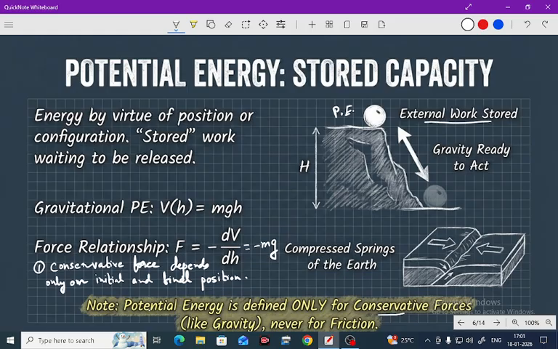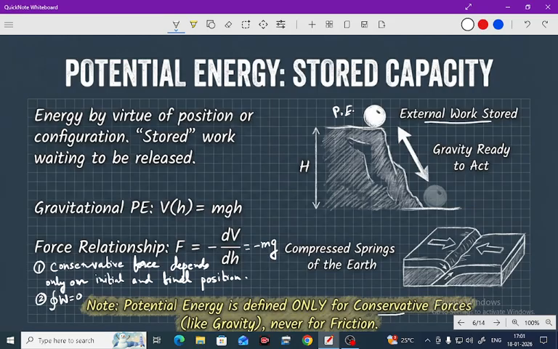Number two, the work done in a closed path is equal to 0. That is the definition of a conservative force. Conservative force depends on the initial and final position, and work done in a closed path is equal to 0.